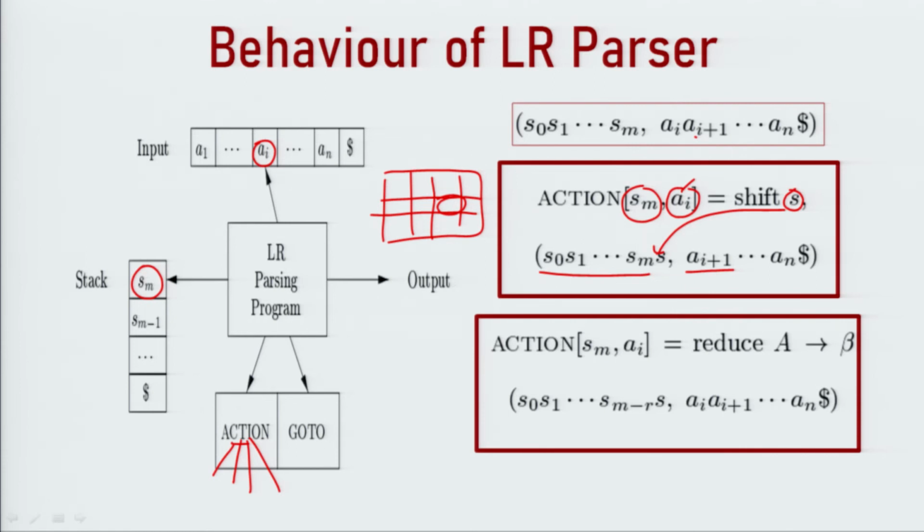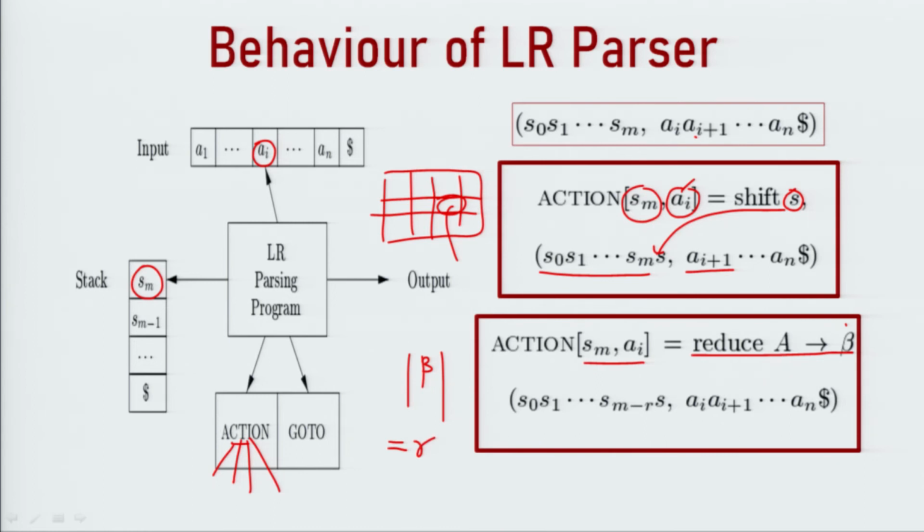Next, if for SM comma AI there is, in this particular cell, reduce using the production A to beta, there are 3 steps for reduction. First, we calculate the length of beta, and suppose the length of beta is r.